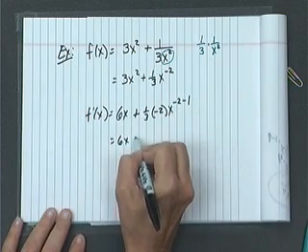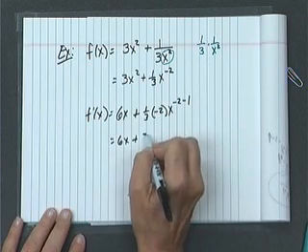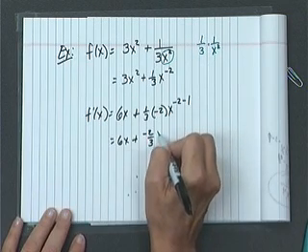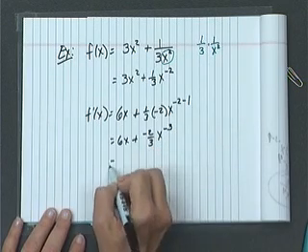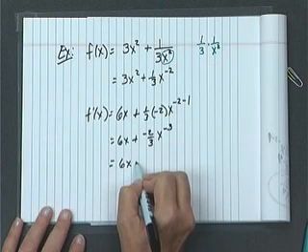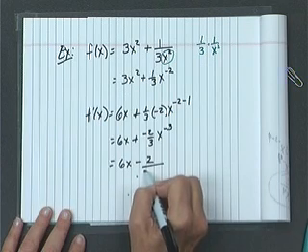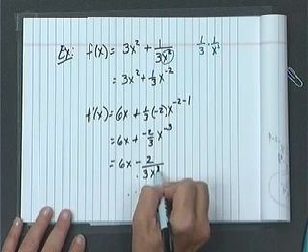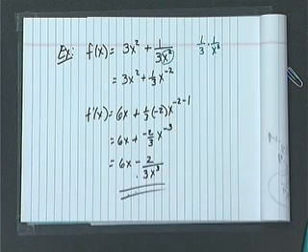So we have 6x plus 1/3 times -2 is what, a -2/3, x to the -3, and let's clean that up. 6x, how would you rewrite this? Minus 2 over 3x cubed. Okay?